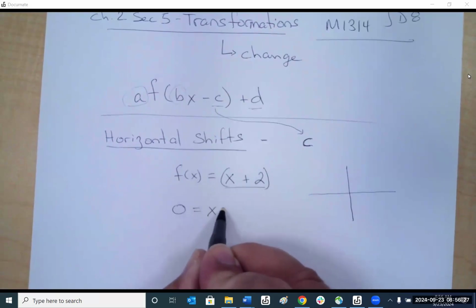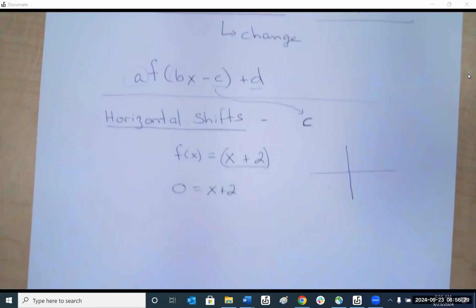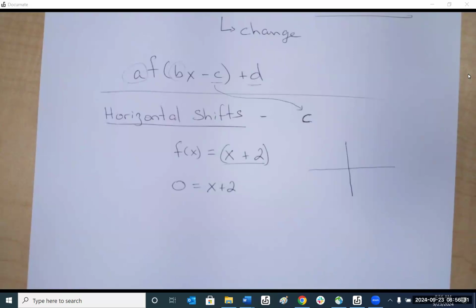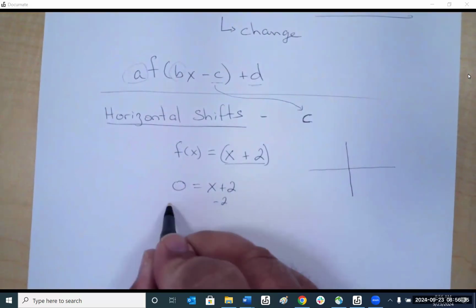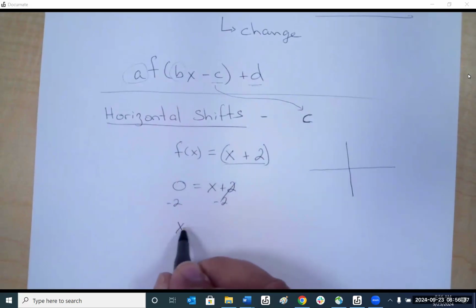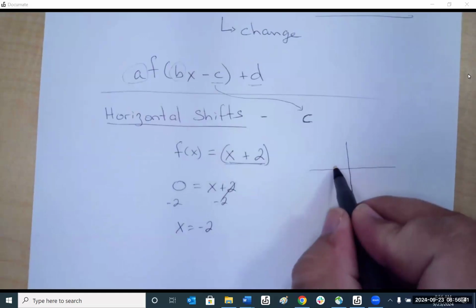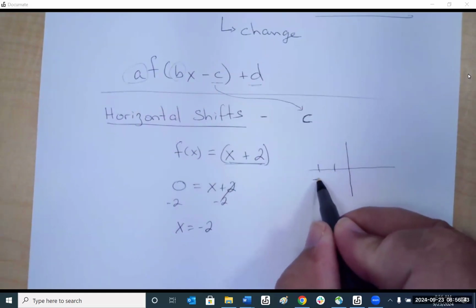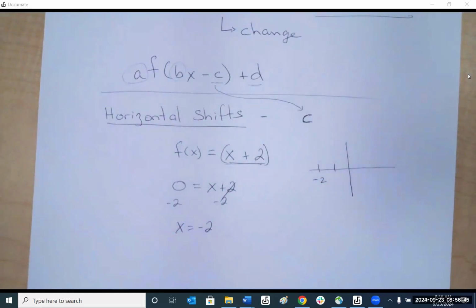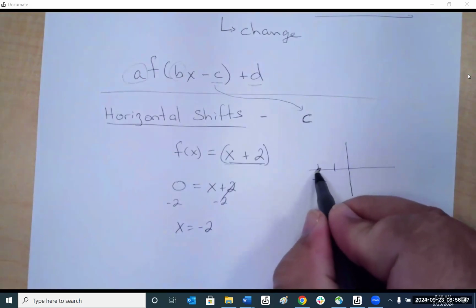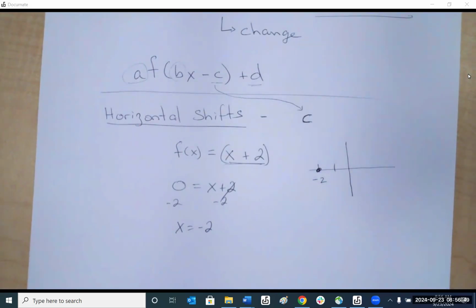So what would make x plus 2 equal 0? Negative 2. So we solve for that. So now x equals negative 2, because we shifted it over 2 spaces. So that's where our x-intercept is going to be.